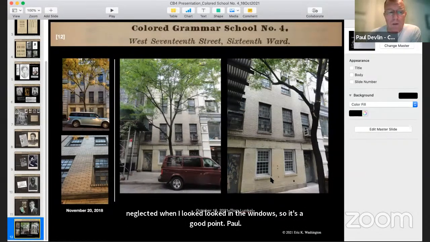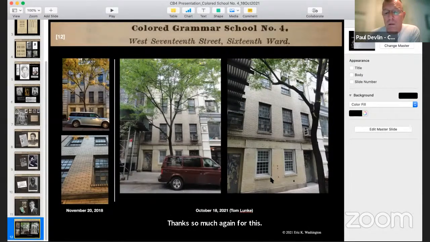Eric, thanks so much again for this. I think I'm echoing the voices of many members on the committee that this is a very important historic component of our neighborhood, and I'm glad that there's a discussion about moving forward with this. So thank you for that. And Pam raised this, and I think when you met with us briefly, I had asked also about local supporters and outreach to other groups besides the community board to build a momentum of support.